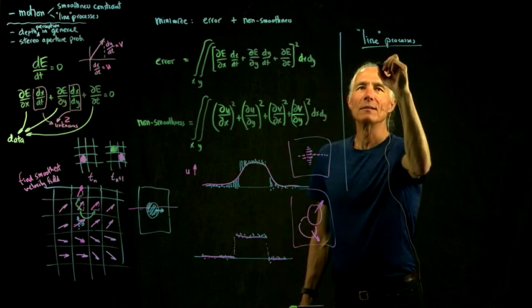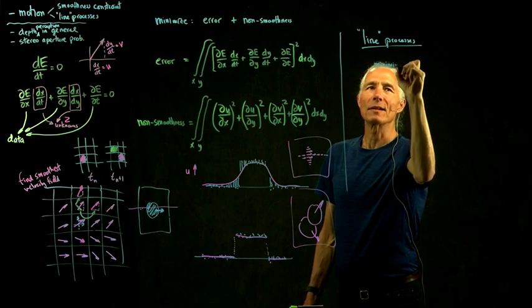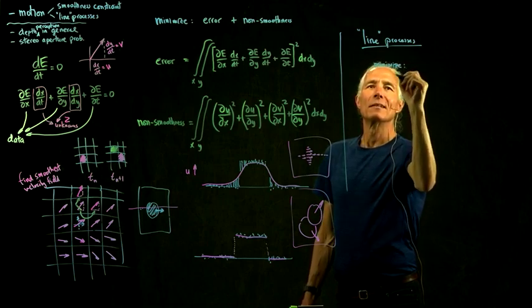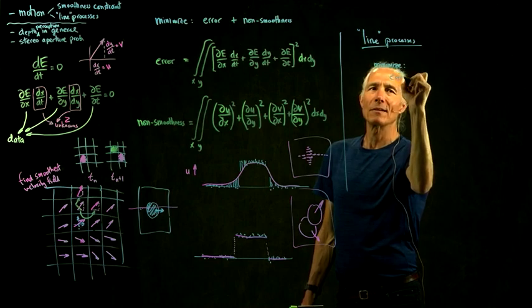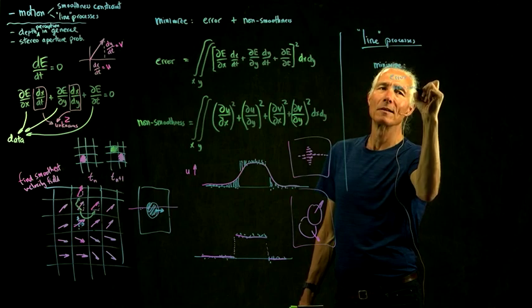So now we want to minimize more things. We want to minimize error, and then we want to minimize the non-smoothness of our solution.